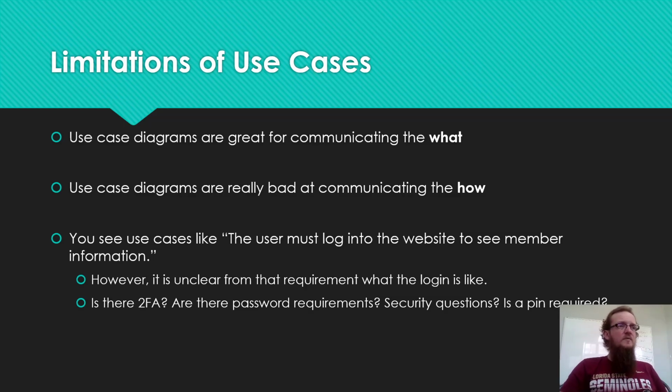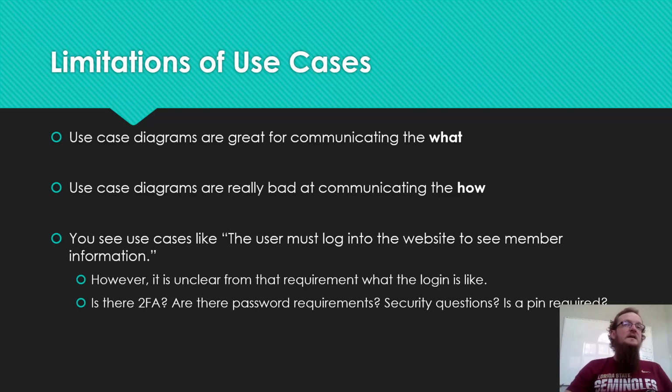So for our library example, you want the user to have to log in in order to see the fines that they have associated with their account. But it is kind of unclear from that requirement or from that use case what that experience is actually like. So is there two-factor authentication? Is there a requirement for passwords? Is there a security question that's required? Is there a PIN that's required?